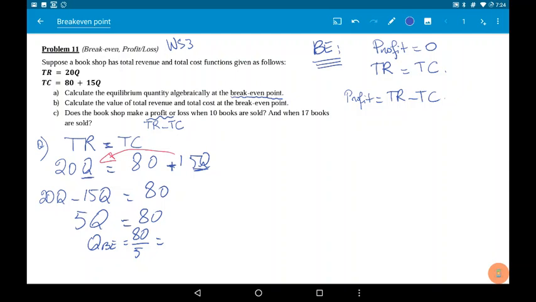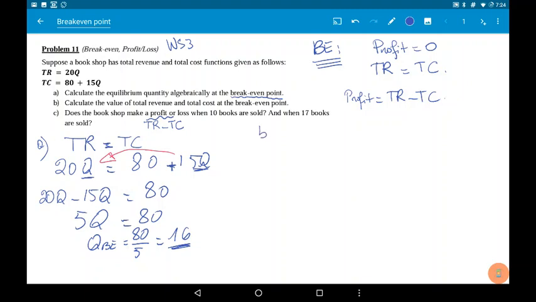On the calculator, 80 over 5 is 16. So for us to have a profit equals 0, or for total revenue to equal total cost, we need to produce 16 units.